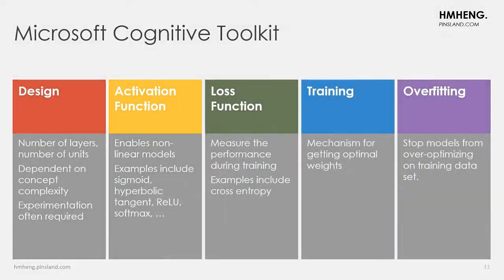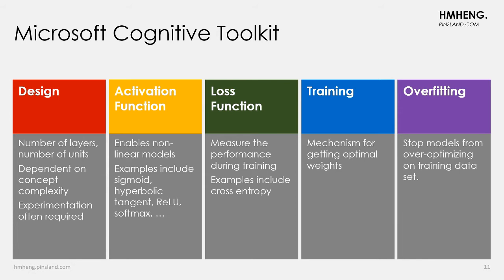And of course, when there's more and more data or models coming in, you've got to consider several aspects. So first will be design. You have to be concerned about the number of layers, number of units. Of course, you always have to experiment with what's required.